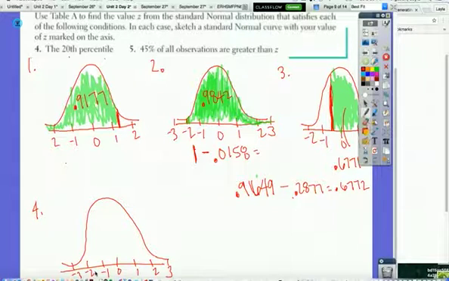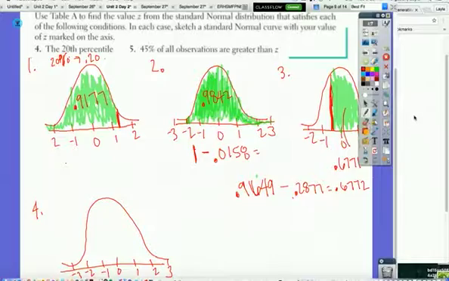So in order to find the percentile, you are basically going to work a little bit backwards. 20th percentile means 20%, and 20% would be approximately 0.20.